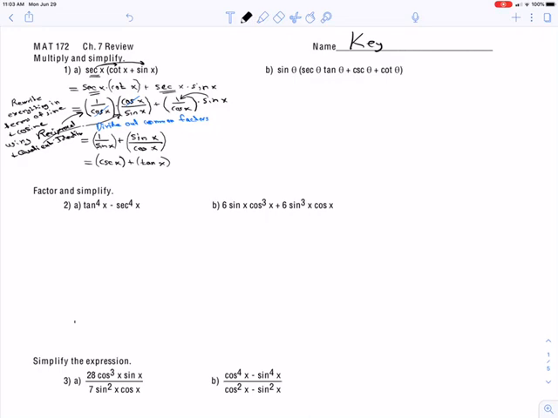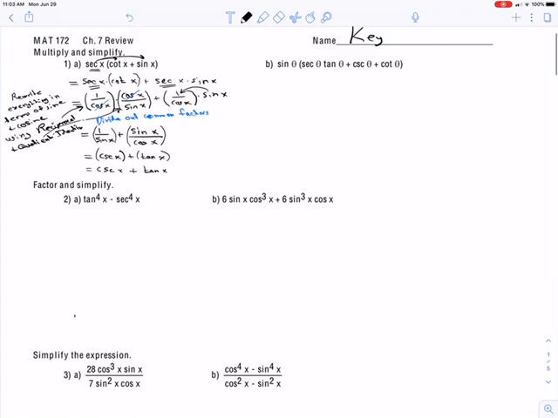So in the end, it simplifies down to cosecant x plus tangent of x. All right, so there it is in simplest form. So we multiplied and we simplified. Again, we used the reciprocal identity and the quotient identity. So make note of those. All right, so let's move on.